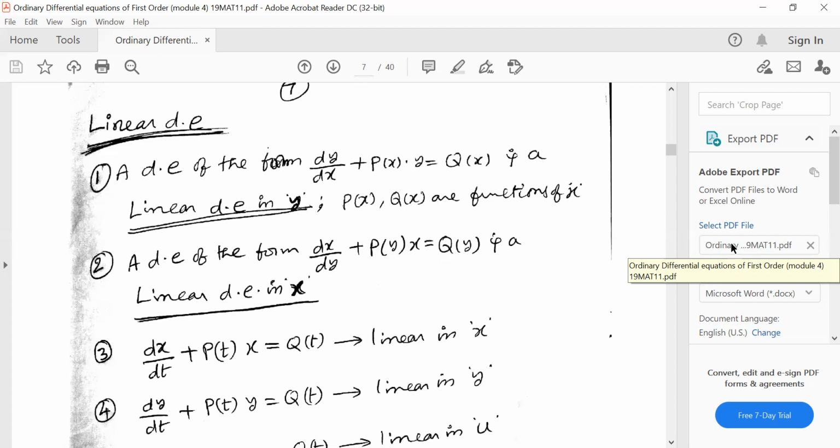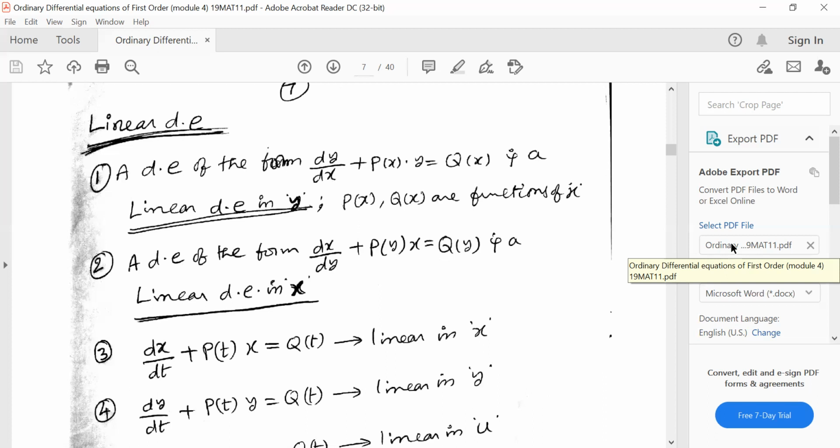See here, there is no term like y into dy by dx. So apart from this format, I am giving you two more hints: the power of dy by dx and y must be 1, and you cannot see a term y into dy by dx. If it is written in this format, it is said to be a linear differential equation in y.